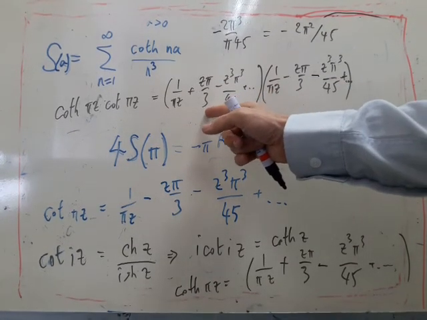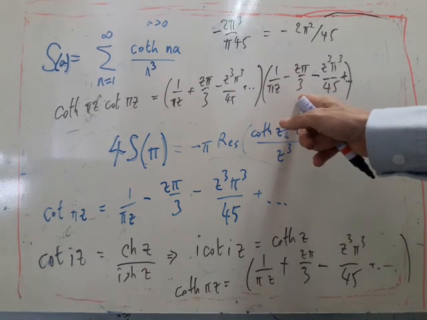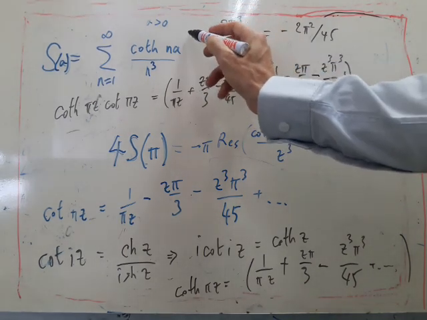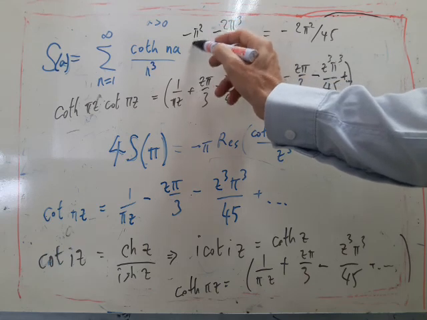But we can also get a z squared from this times this, which will give us a minus pi squared over 9.